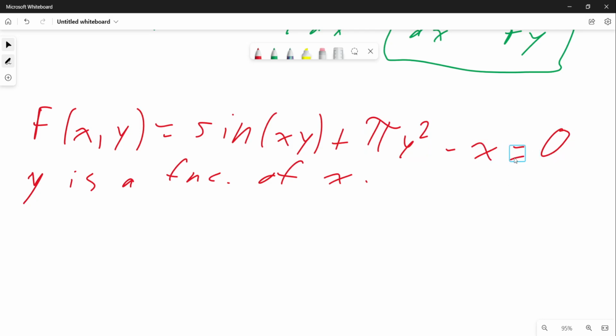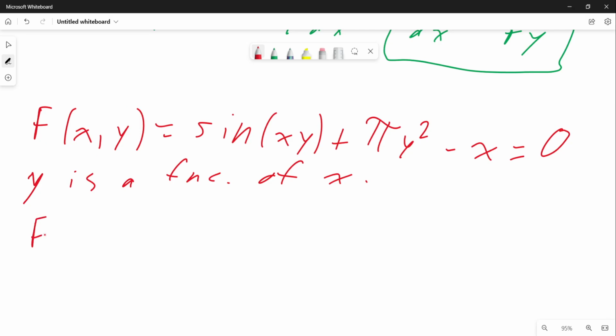The equal 0 is critical here, because if we didn't have it, we'd have x and y as both being independent variables. But in this case, they're not both independent, because once I'm given one, I can solve for the other one, at least in theory. In practice, I would probably have to make a graph and estimate what the other one would be. But we can find the derivative using the implicit formula.